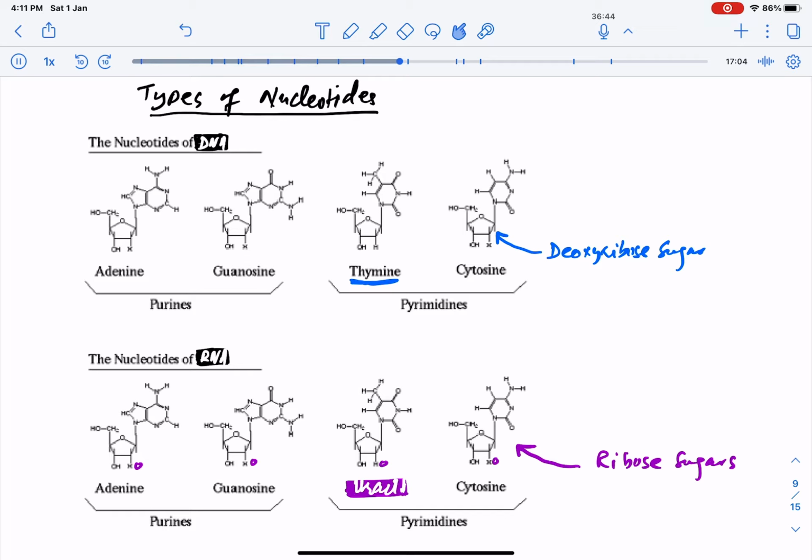So there are two basic differences in the DNA nucleotides and the RNA nucleotides. Number one, DNA nucleotides have deoxyribose sugar and RNA nucleotides have ribose sugar. The other difference is that DNA nucleotides have thymine, and in RNA nucleotide this thymine is replaced with uracil.